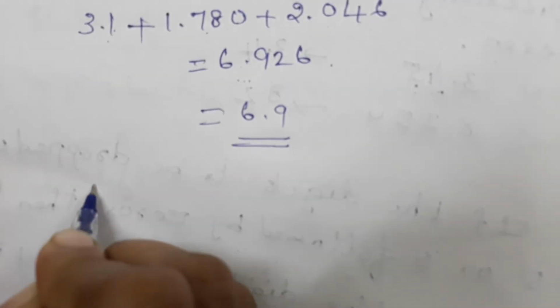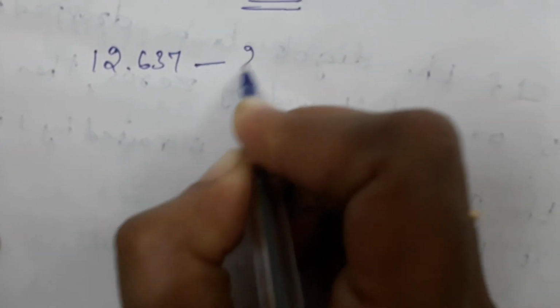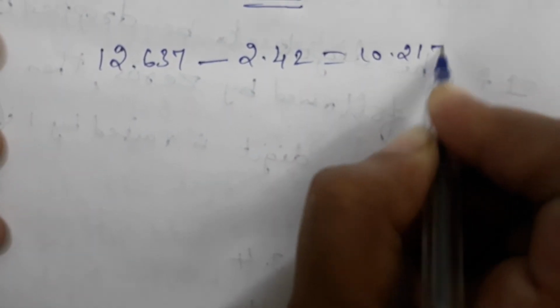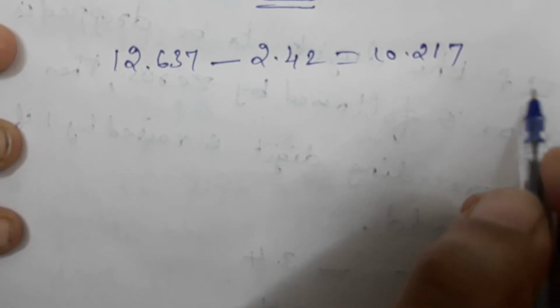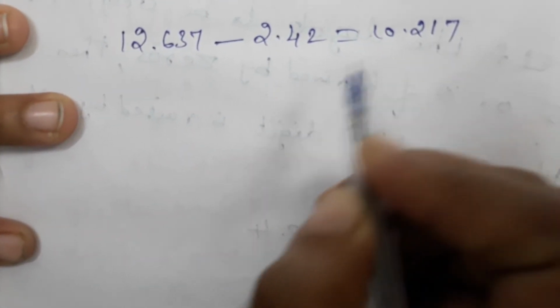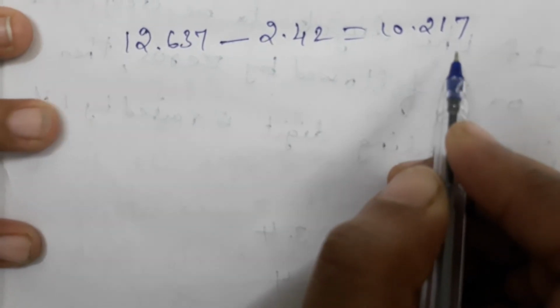Another example, subtraction. 12.637 minus 2.42 equals 10.217. When we are subtracting, the answer is 10.217. How will it be rounded off?